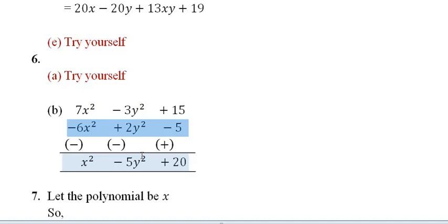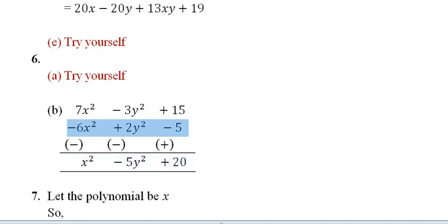Now remember, when you change the sign, only the signs of the second expression will be changed, but the first expression will remain the same. That is 7x square minus 3y square plus 15, they will remain the same as it is.